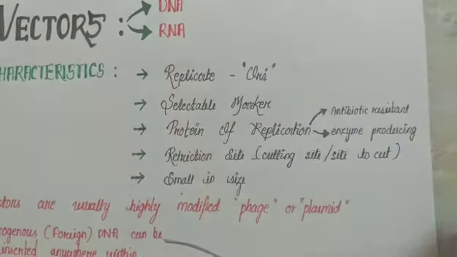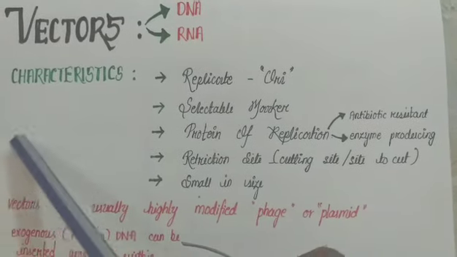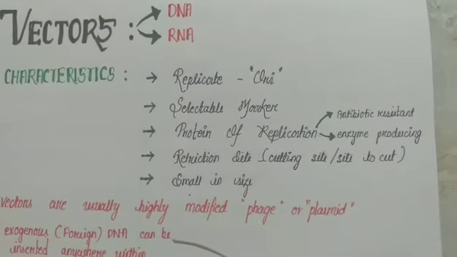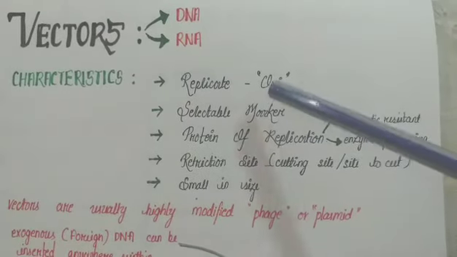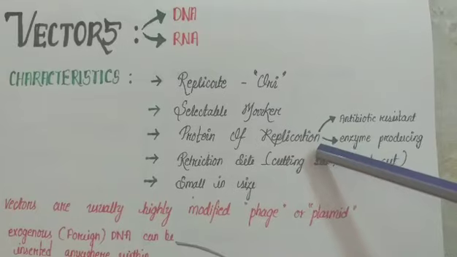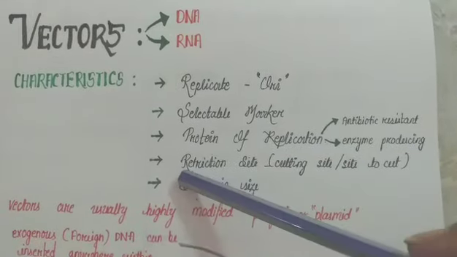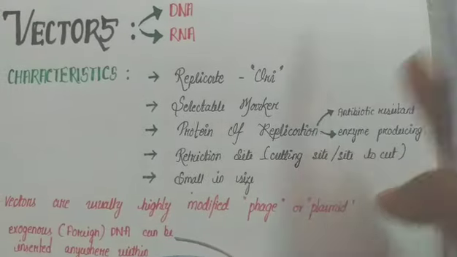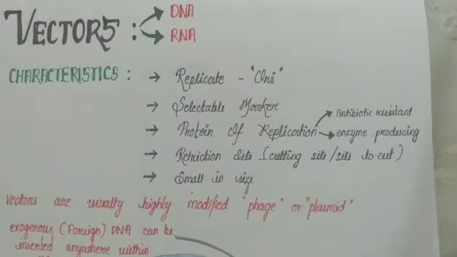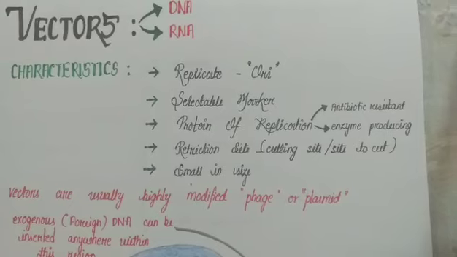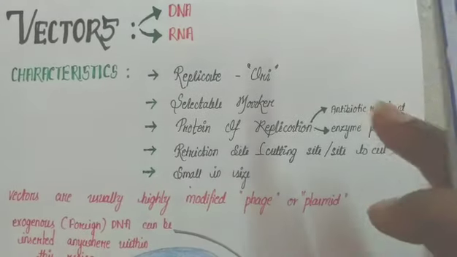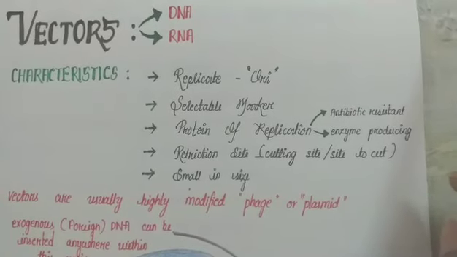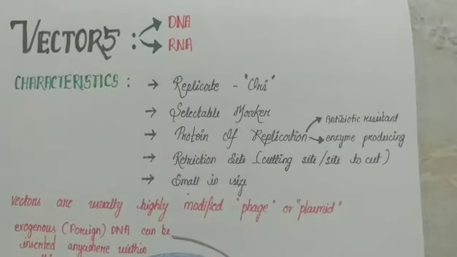The characteristics that a vector should always have are: ability to replicate, a selectable marker, protein of replication, a restriction site, and small size. I have just mentioned them. You may note them down by pausing the video, and later on I will also make a clear video on what all those things are.